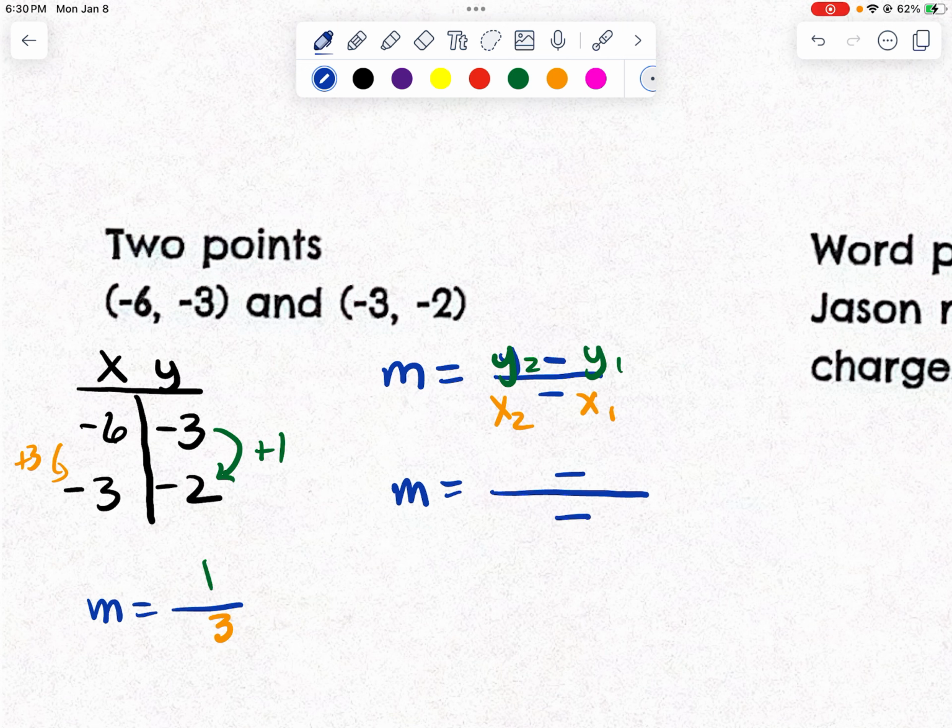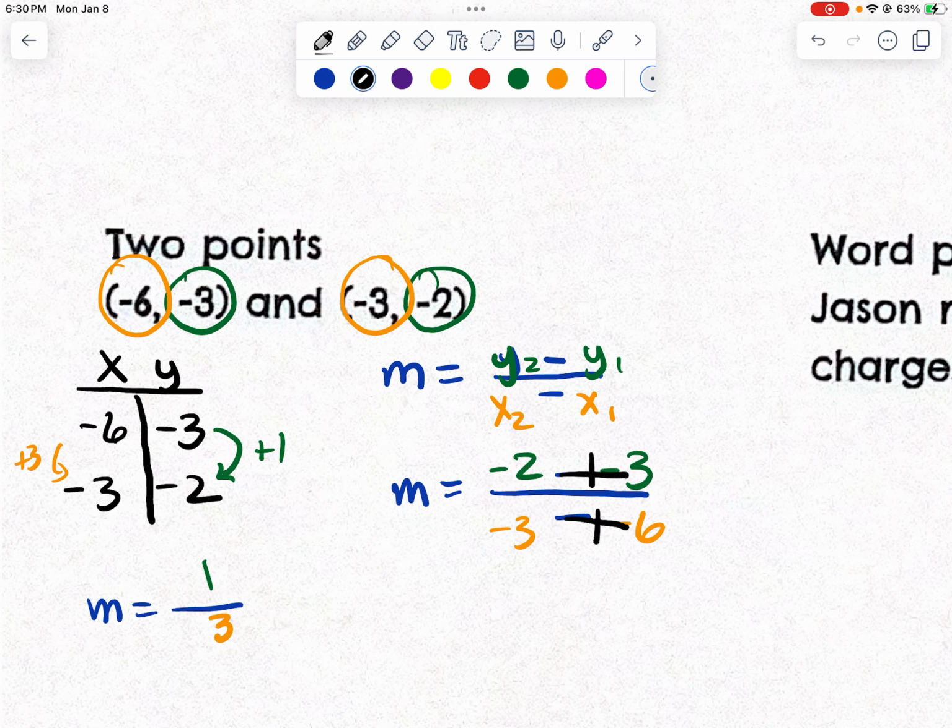If I plug it in, these are my y values. So I plug in -2 minus -3. Then I do my x values of -3 minus -6. Remember, when I have 2 negatives together, that turns to a plus sign.